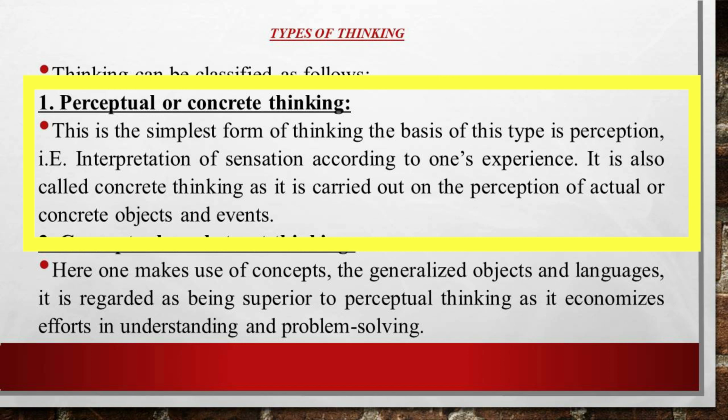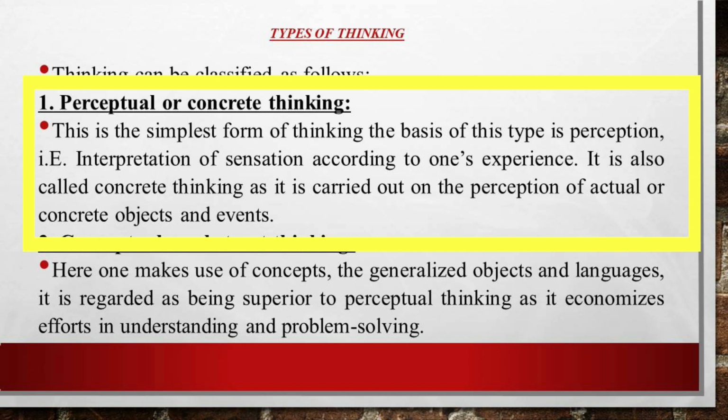It can also be called concrete thinking. Why do we call it concrete thinking? Because this type of thinking is carried out on the perception of actual or concrete objects, events or situations.